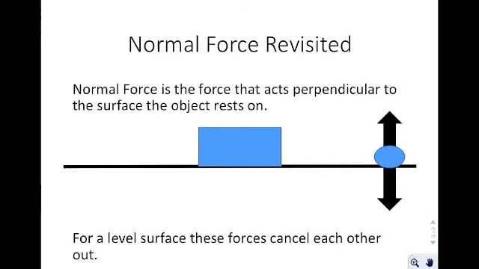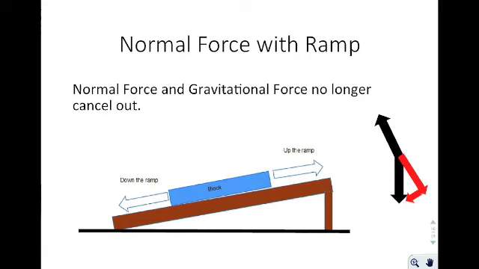When we look at the normal force, we originally defined the normal force as being perpendicular to the surface that an object rests on. We said, for an object that's on a straight level surface, that means it's straight up, and the normal force and the gravitational force would cancel each other out. But whenever you have a normal force with a ramp, you'll start to see that even though this value and this value are the same, they no longer cancel each other out because they're pointed in different directions.